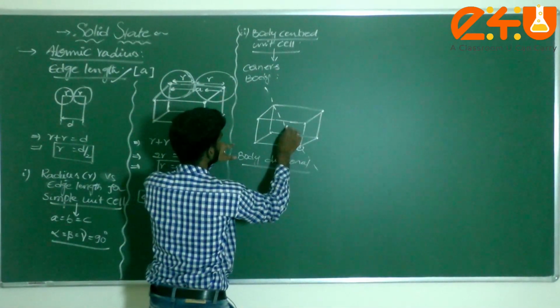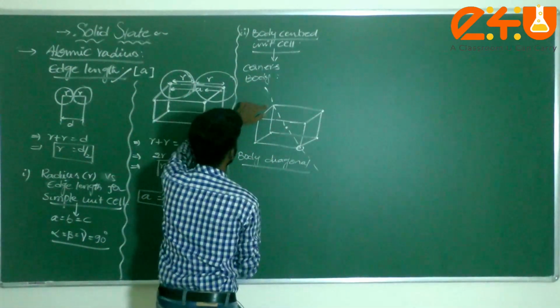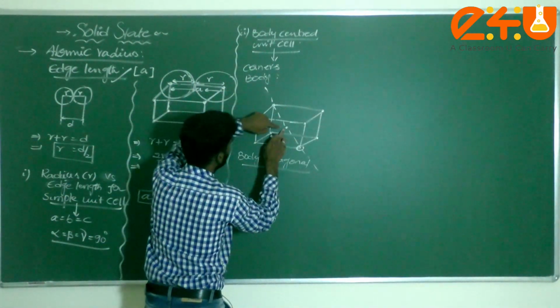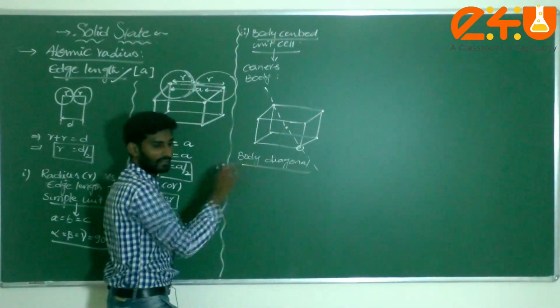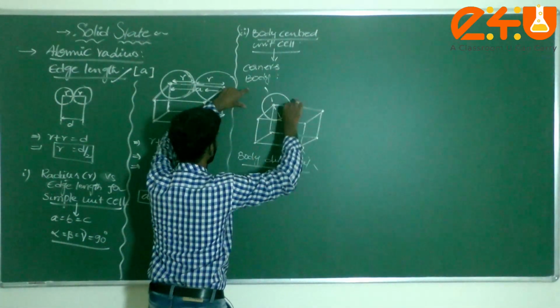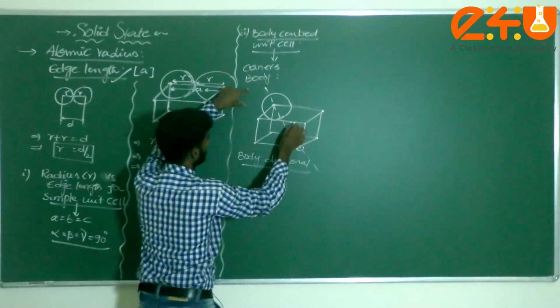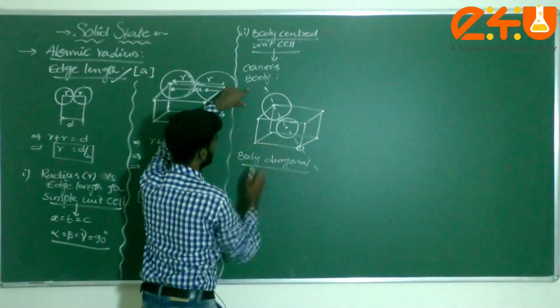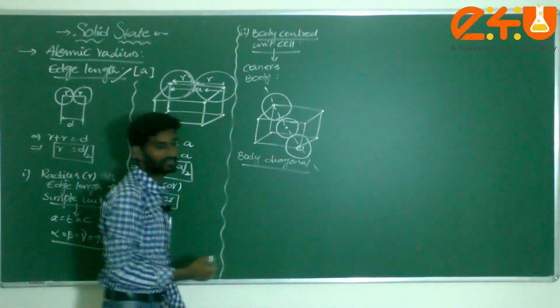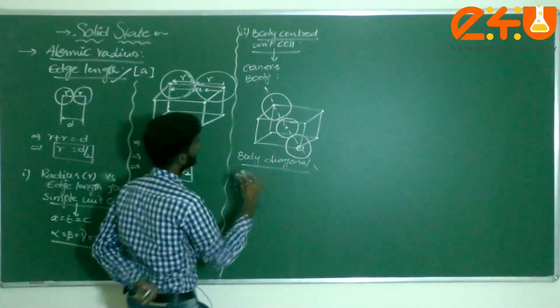Now this body center plus the corner atoms we are considering. This is one atom, and this is another atom, so the diagonal shape. That is what, dear student? Diagonal.